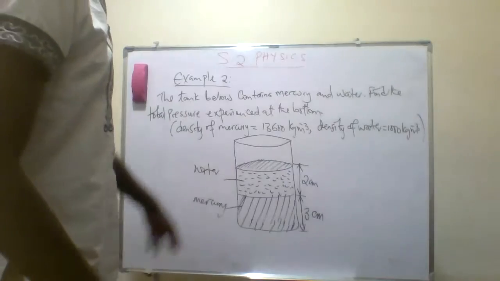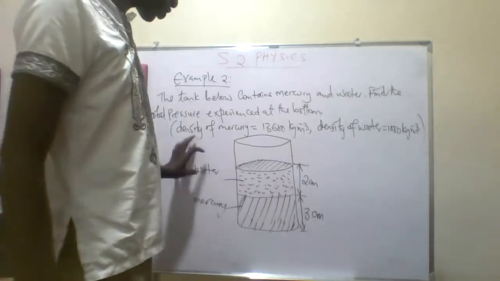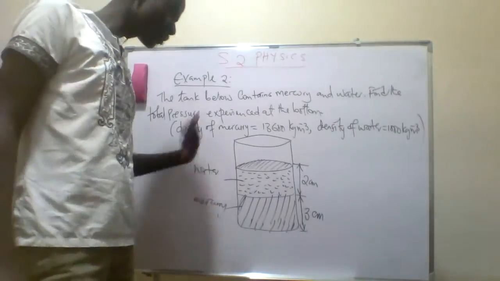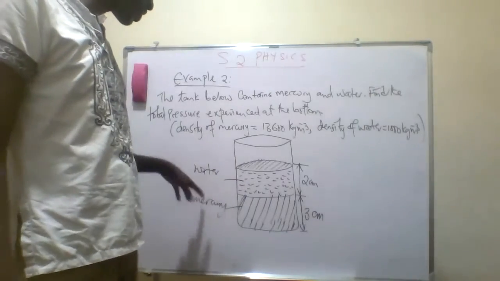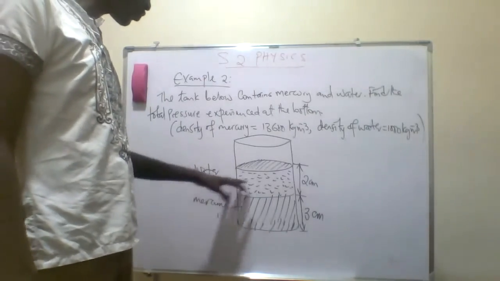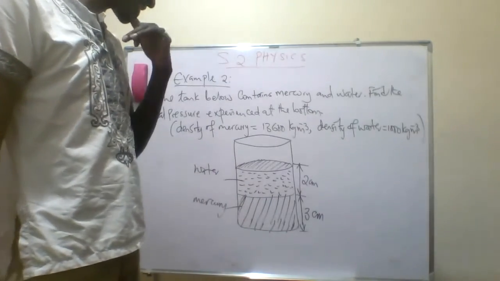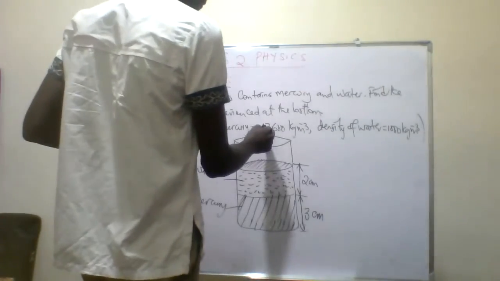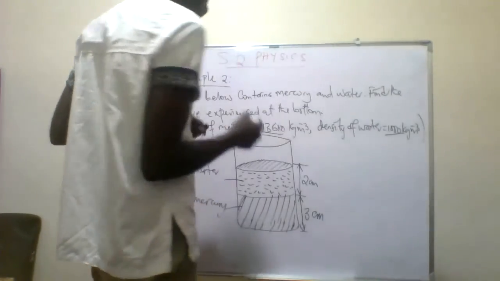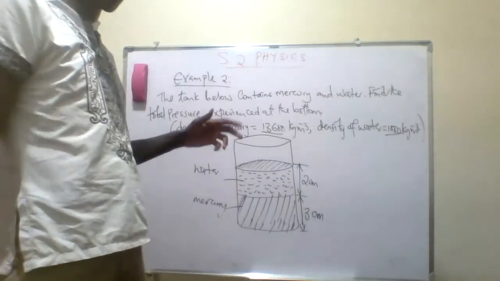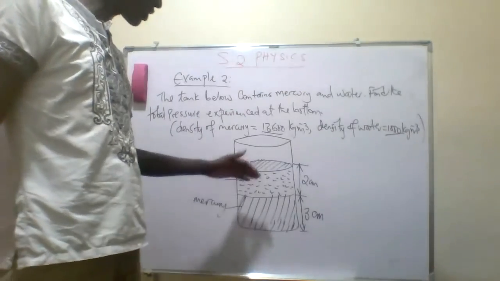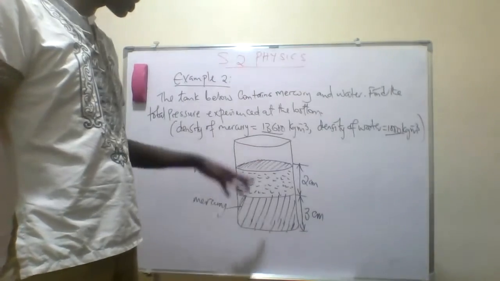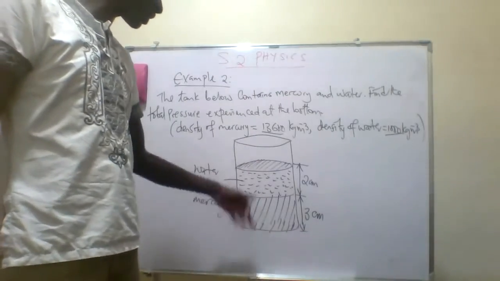So this is our figure. The water is here, mercury is here. Now, members, it could have as well come without them labeling the different layers for you. We must know that the density of mercury is far, far, far bigger than the density of water. And from the fact that the denser objects sink while the less dense ones float, we expect mercury to sink and water to float.